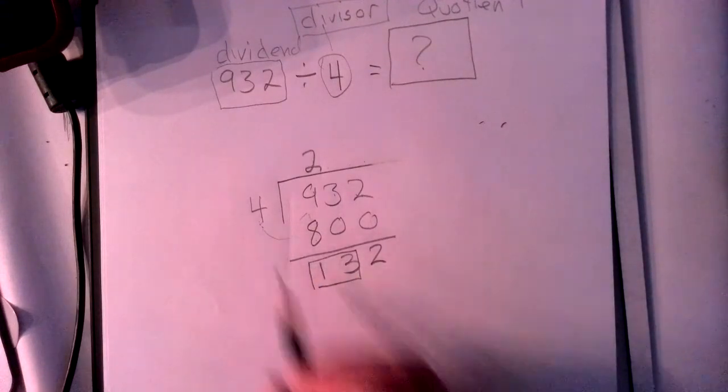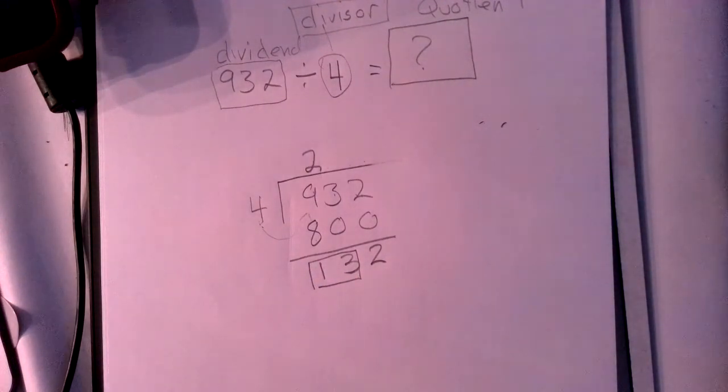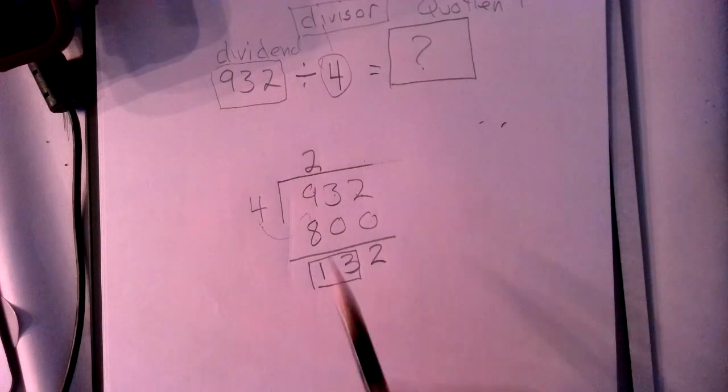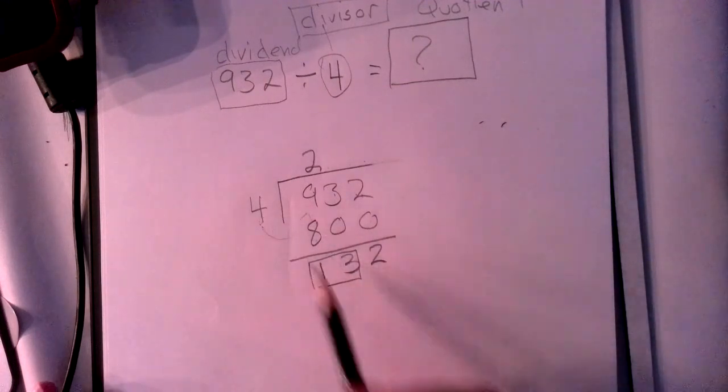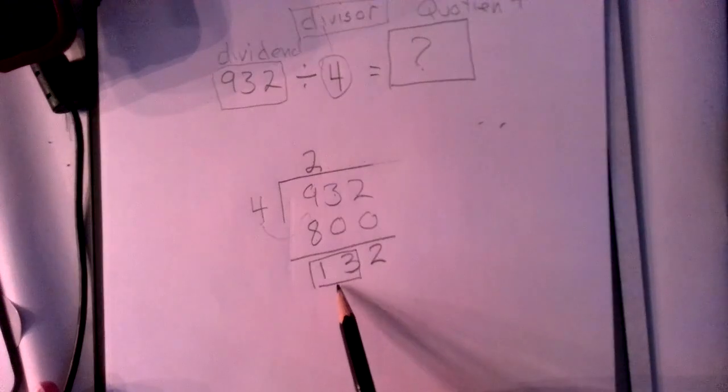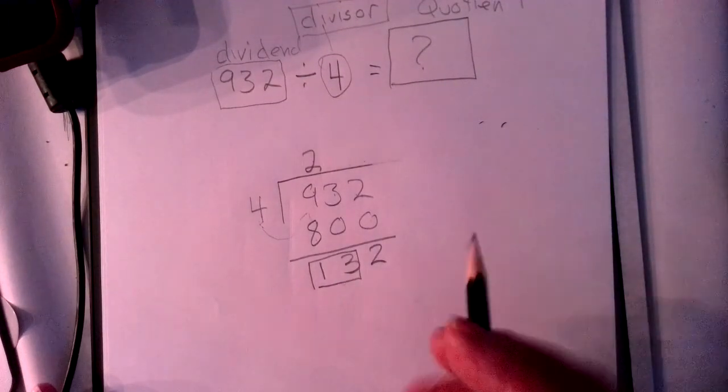How many 4s go into 13? I want to know about how many 4s go into 13 because I know that 4 times 3 is 12. And the question I have to ask myself is what number times 4 is going to be as close to this number as I can without going over.